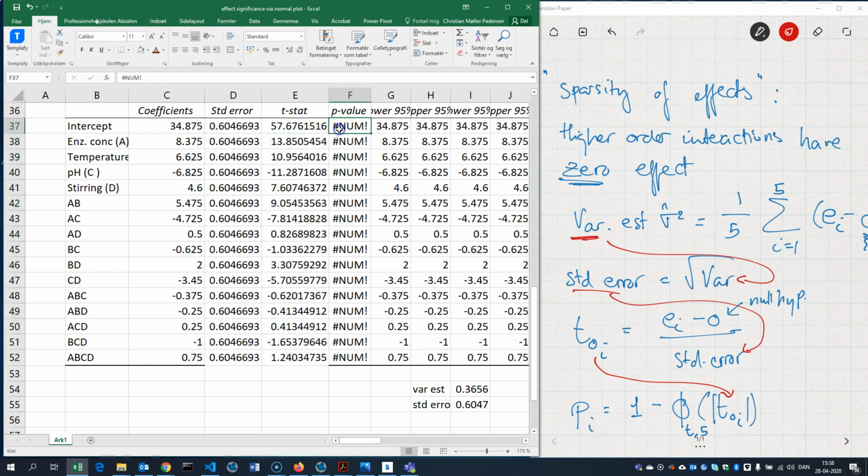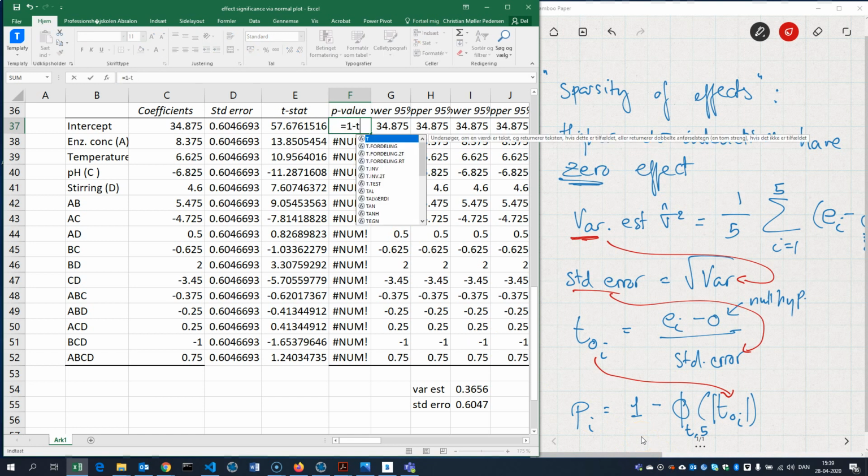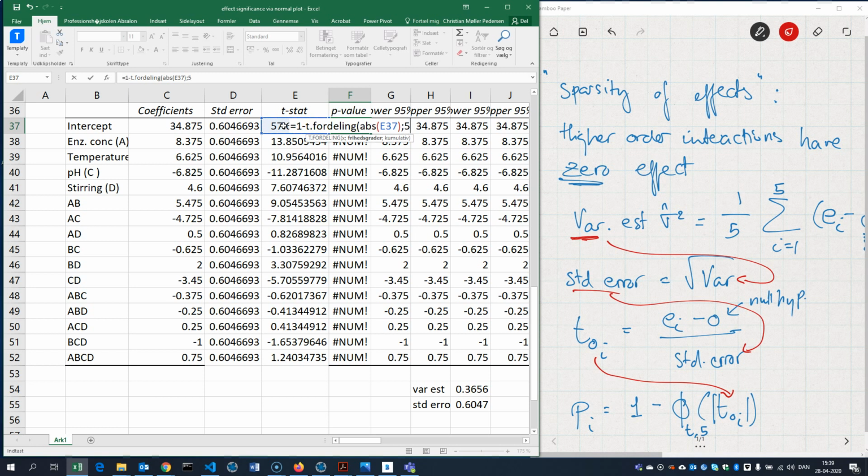And now we can compute the p-value, which according to this formula here is 1 minus the t distribution, in Danish t-fordeling. So in English, t distribution, and we take the absolute value of the test statistic, and it has 5 degrees of freedom, and we write true, in Danish sand, to get the cumulative distribution function.